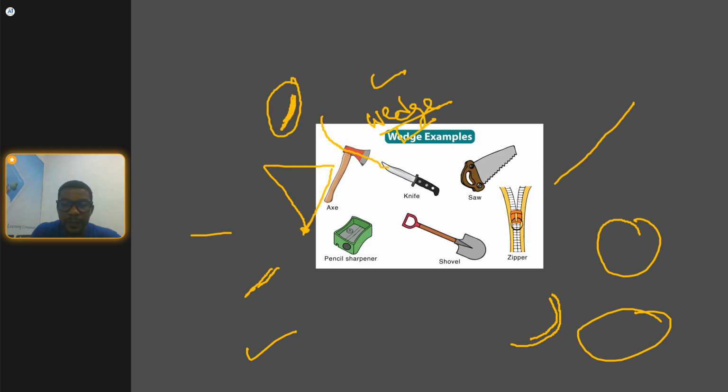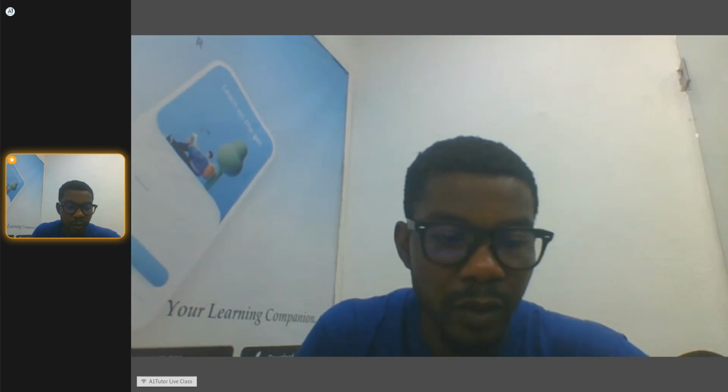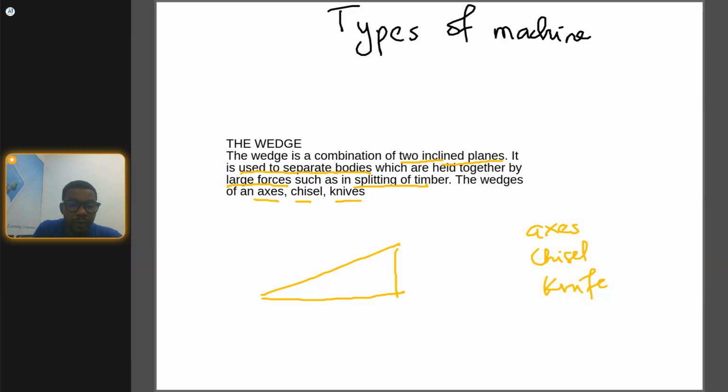Now let's proceed. We'll stop presenting and we'll move to our board. Okay, so we've discussed number 4, or that should be number 5 now. Number 4, which is the wedge. We've discussed the lever as a type.